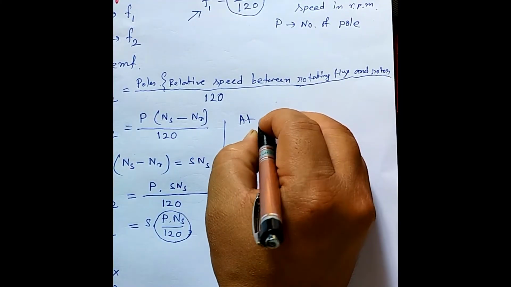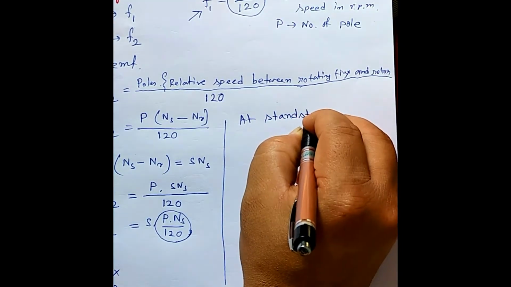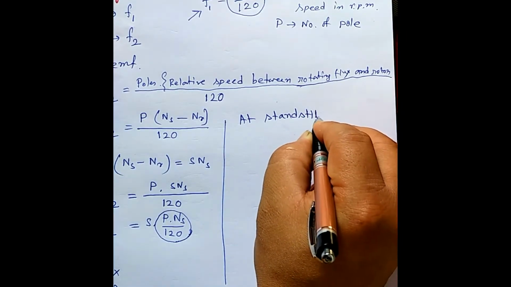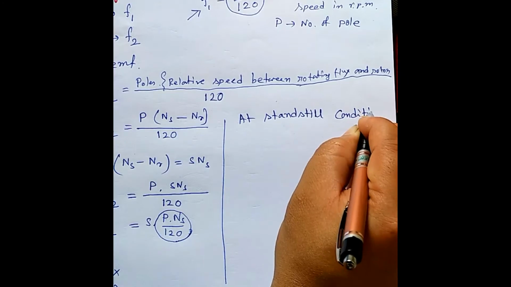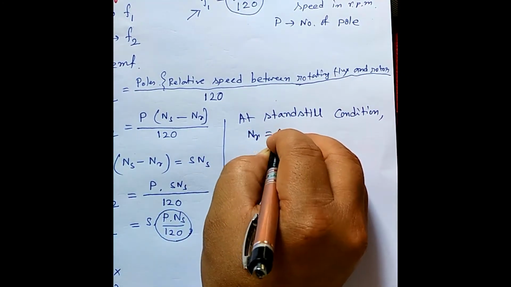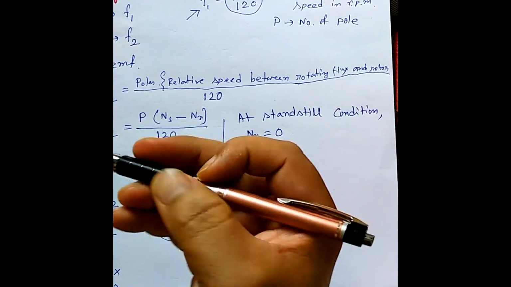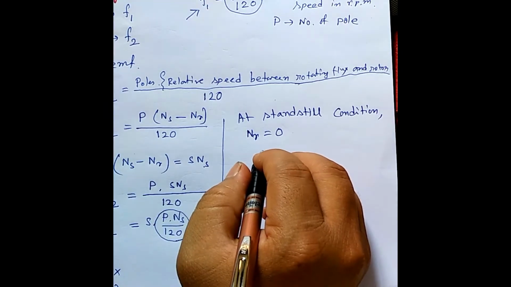From here, consider the standstill condition. Standstill means Nr equals 0.